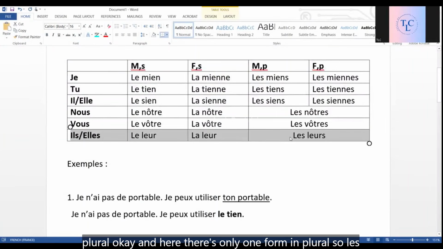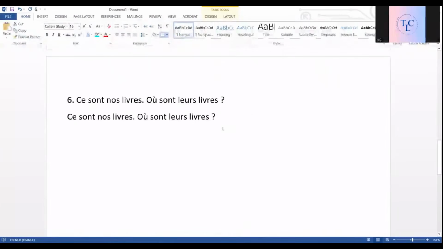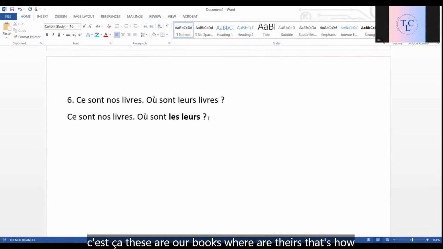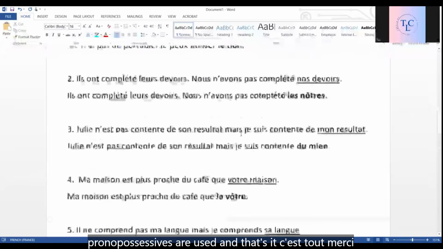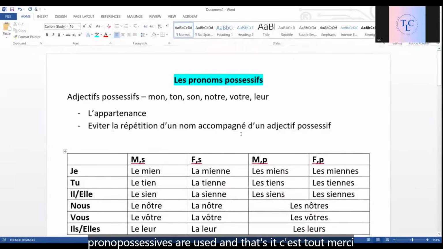It's plural, and here there's only one form in plural, so les leurs. Les leurs. C'est ça. These are our books. Where are theirs? That's how pronoms possessifs are used. And that's it. C'est tout. Merci beaucoup.